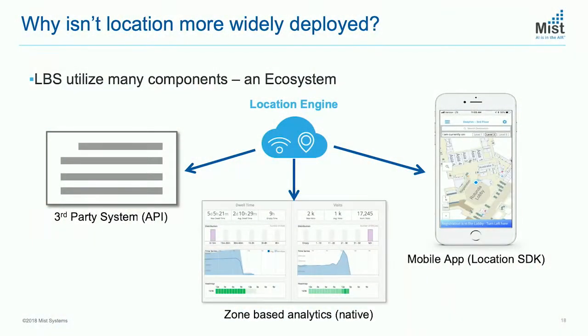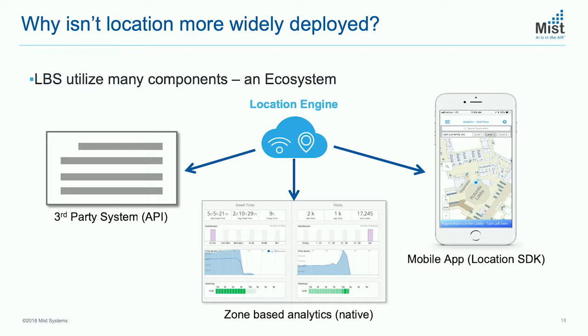Location, I think, is something that is becoming more widely deployed, but it is not something that is widely deployed. And I think the major reason is because location-based systems are not standalone. They have to interface with many different other systems. And that tends to be a stumbling block for many IT organizations. If you could do an entire location-based system self-contained, I think that we'd see a lot more uptick.